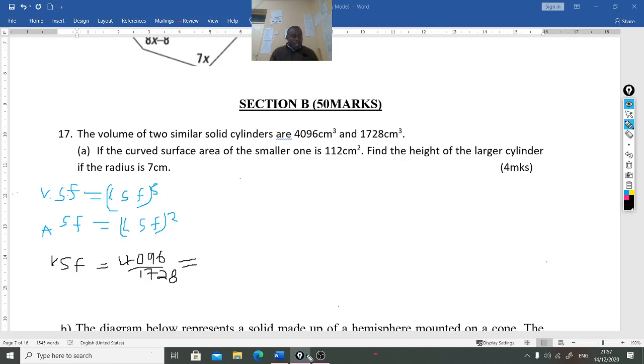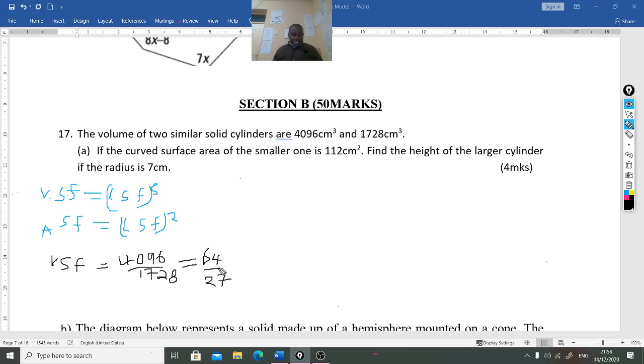You press equal, and it gives you 210 over 27. Press shift and A over B, and you'll find it in improper fraction as 64 over 27.